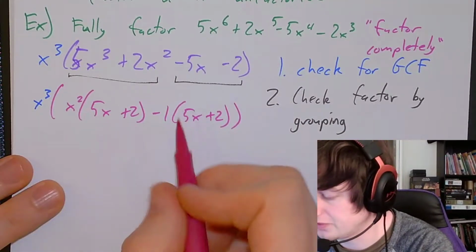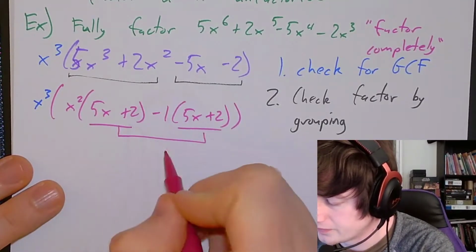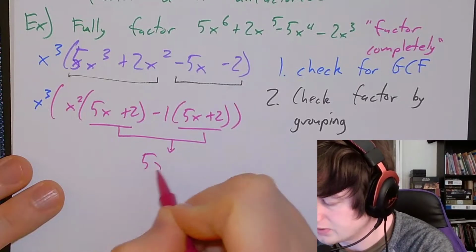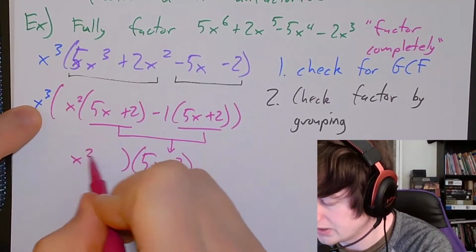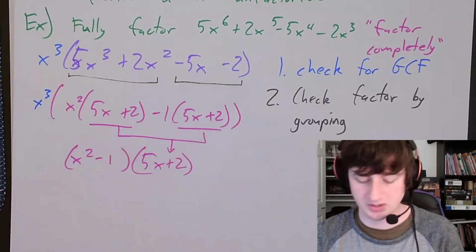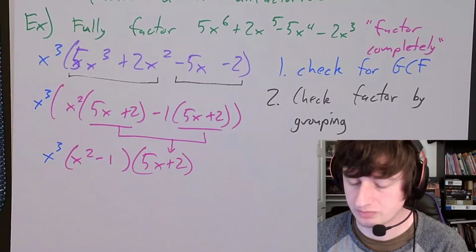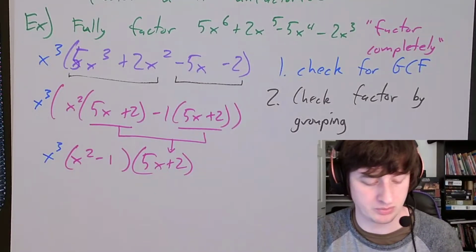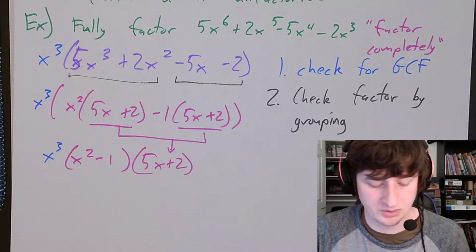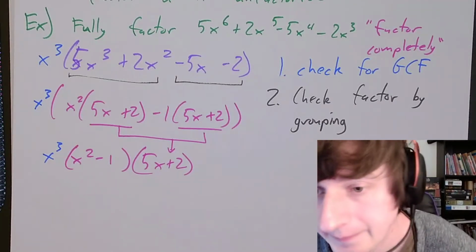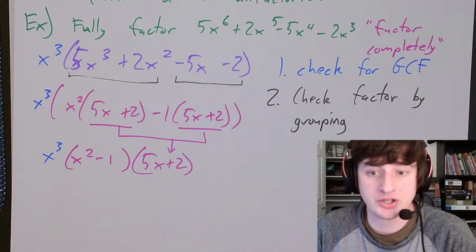And then the greatest common factor here is going to be these two things. And so I get a 5x plus 2 times the x squared minus 1. And then we still have this x cubed term being multiplied. Okay, that's all well and good.